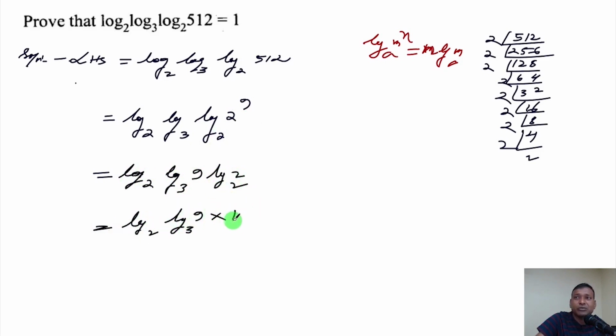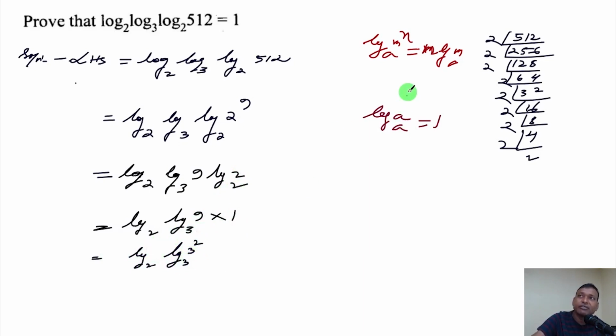This will become 1 because there is a property log a to the base a is 1. So here it is of the form log a to the base a, that is log 2 to the base 2 is 1. Now further this 9 can be written as 3 square.